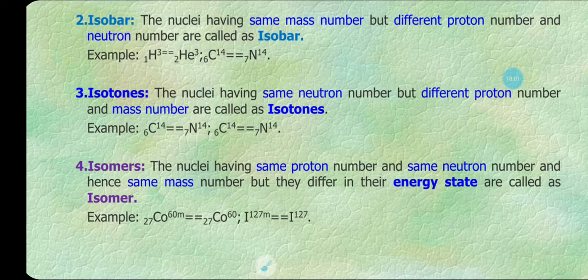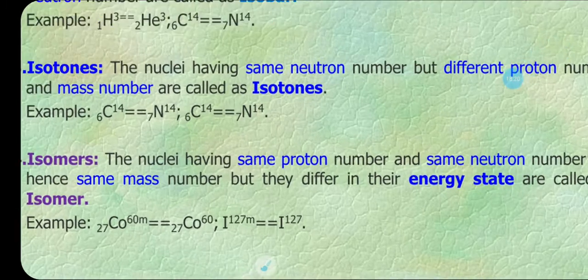That means it is the same element, the same proton number, same neutron number and same mass number, but their energy will be different. Such types of elements are called isomers.